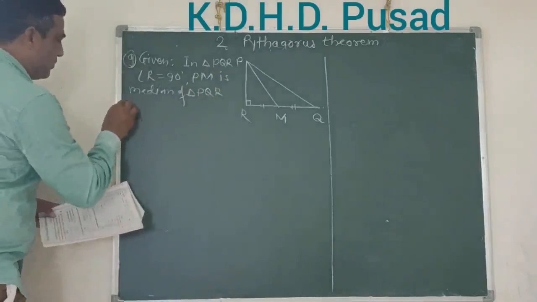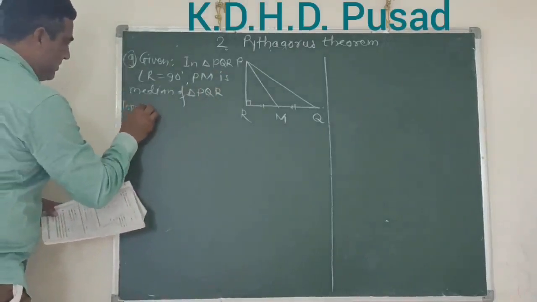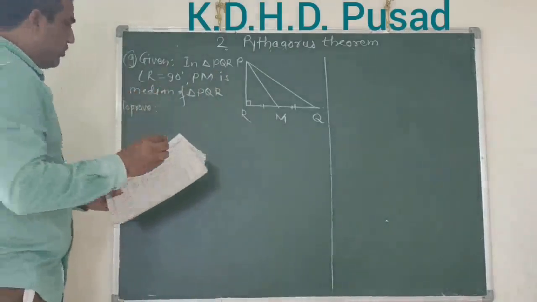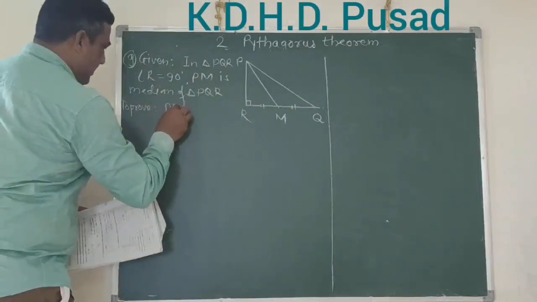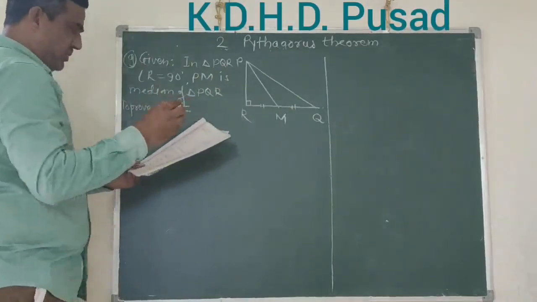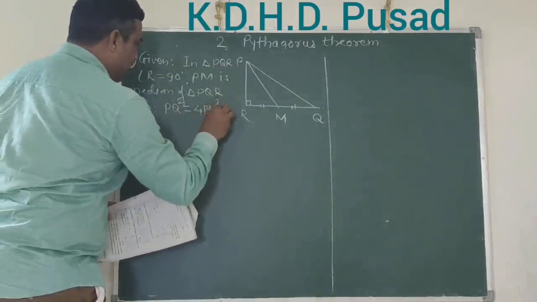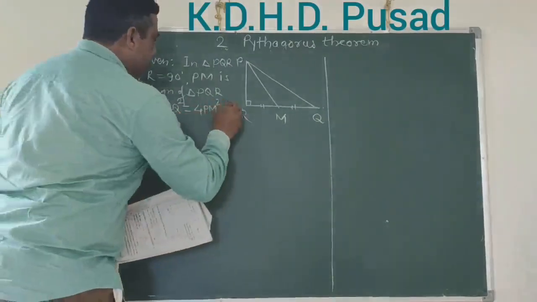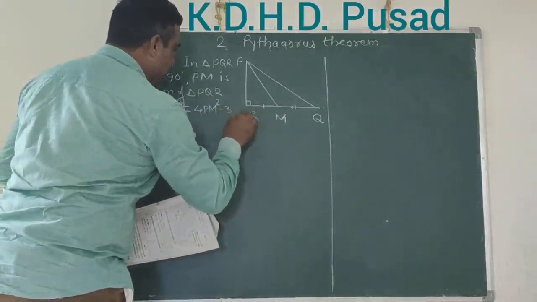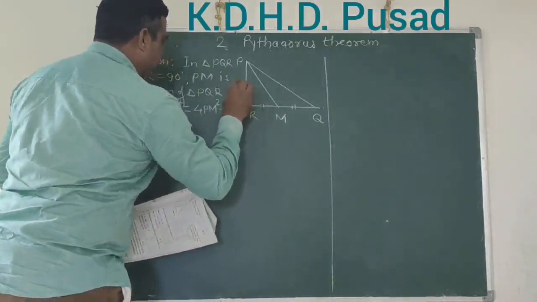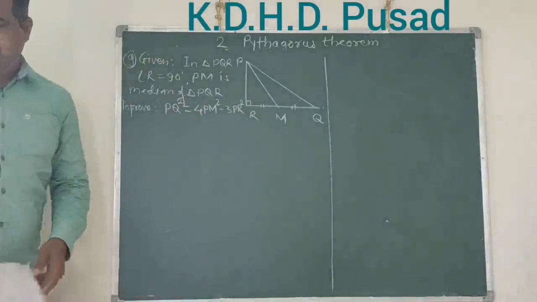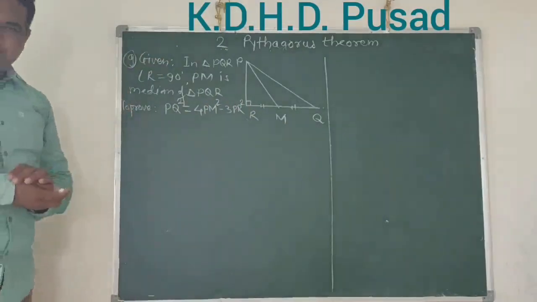And to prove, what do you want to prove? PQ square is equal to 4 PM square minus 3 PR square. That you want to prove. So let's start this proof.